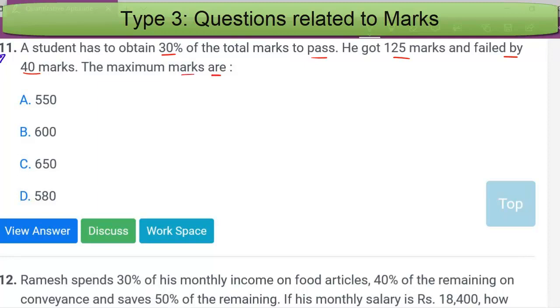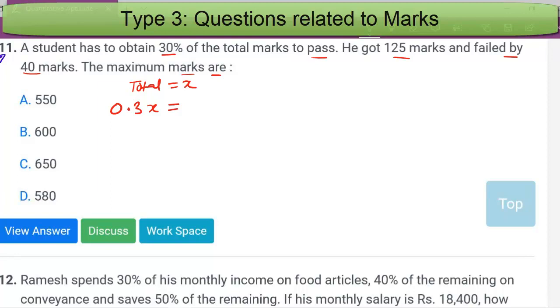Again, this is a very typical question and this is asked in many exams with different data. In the question it is given that he has to obtain 30% of the total marks to pass. So if the total marks is x, the passing marks is 0.3x. So this much marks he has to obtain in order to pass this exam.